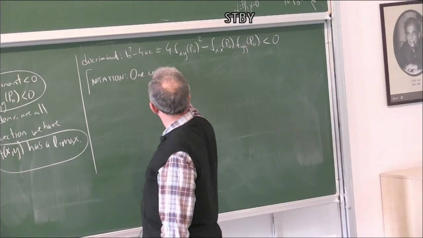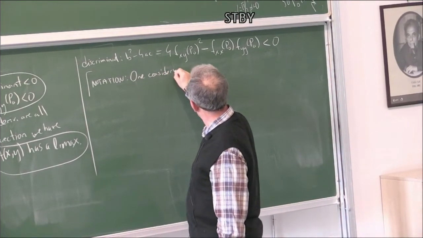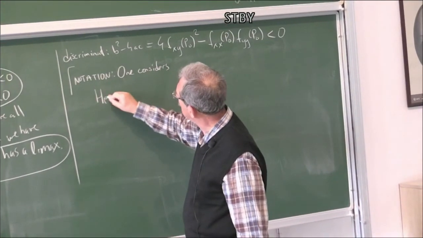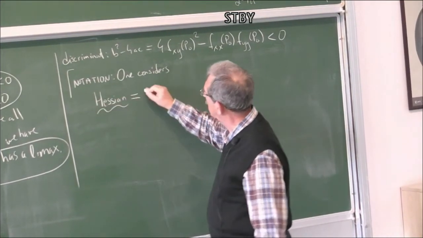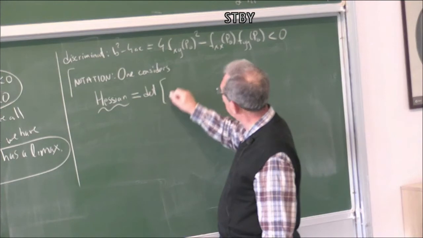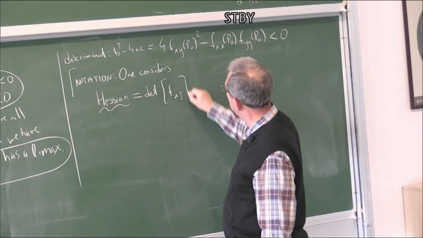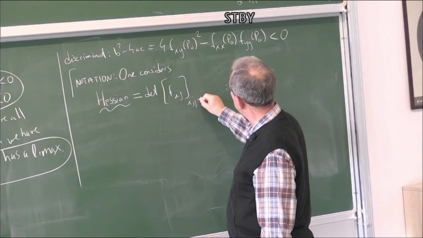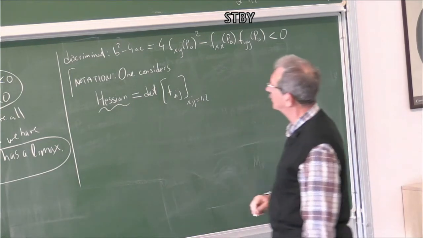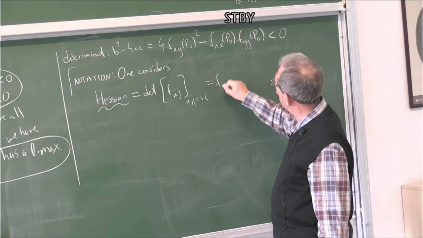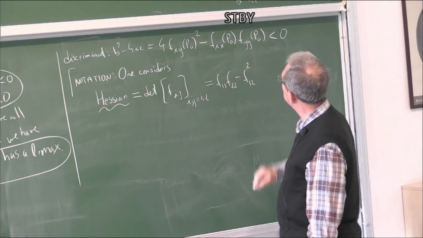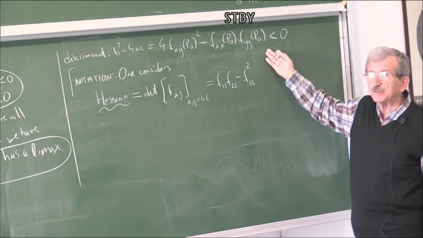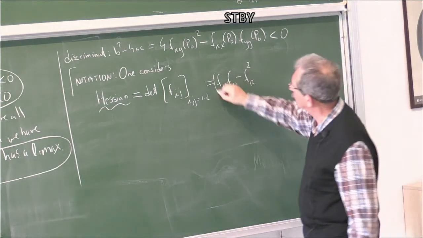One considers the Hessian, which is the determinant of F_ij, i, j equal 1, 2, which simply means F11 F22 minus F12 squared, which is exactly the opposite of this, okay, at P0.